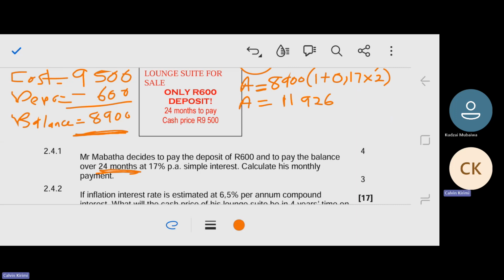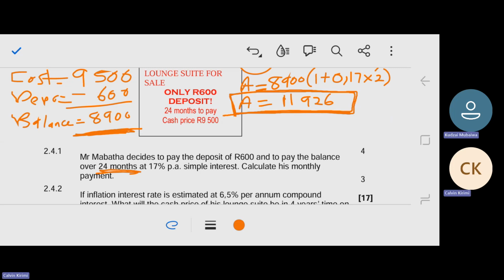Instead of 8,900, we are now paying 11,926. When you buy on credit it is more expensive, but when you pay cash it is 9,500, then minus the deposit, now it's 8,900. So after 2 years, the total amount you owe is 11,926.